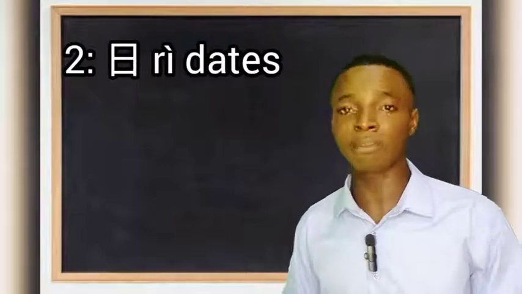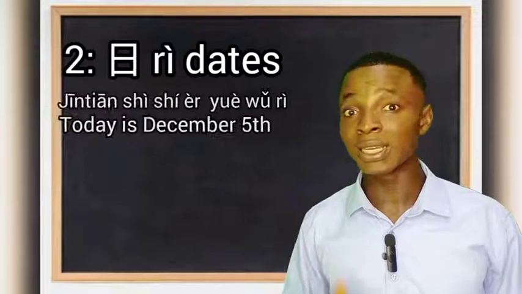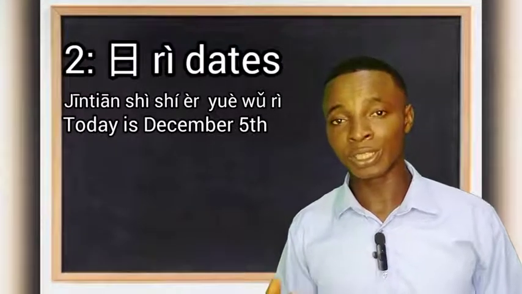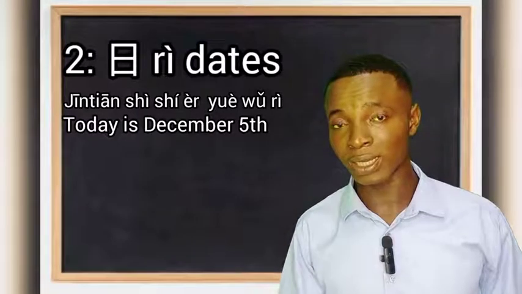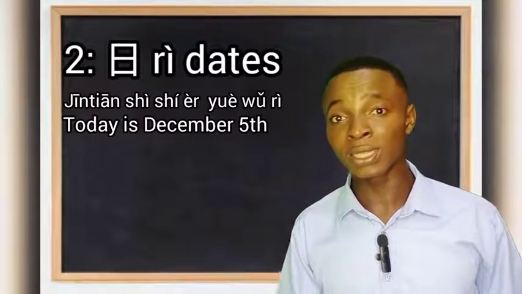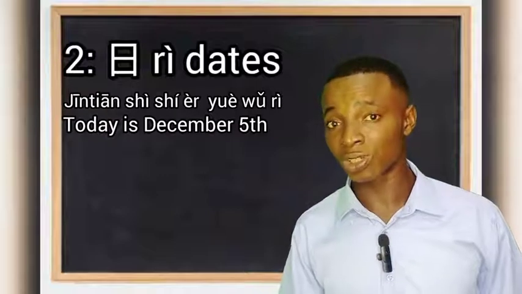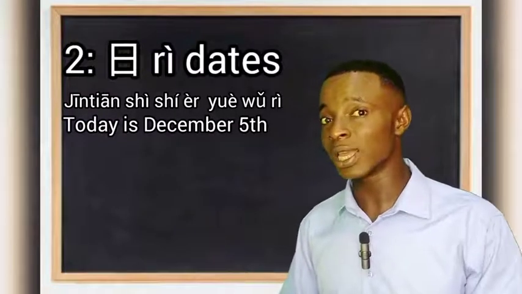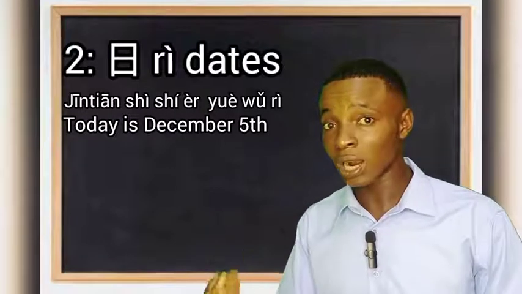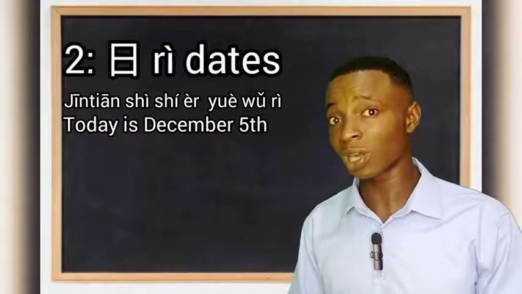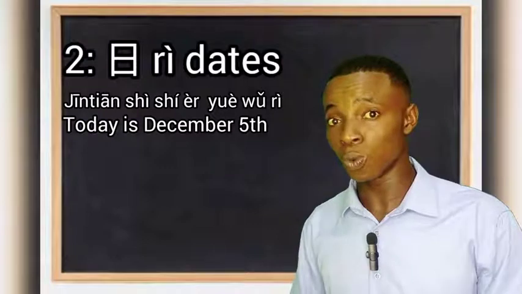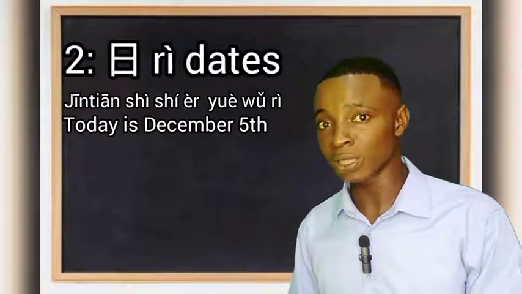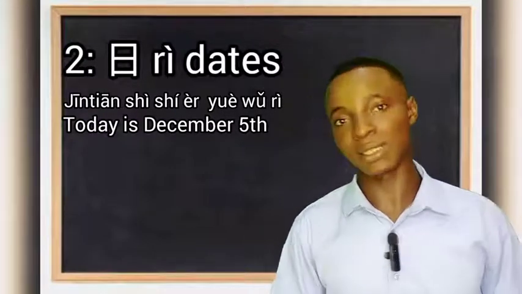We simply say 今天是12月5日. 今天是 is today is, 12月 is December, 5 is 5. 5日, so the 5th day of December.